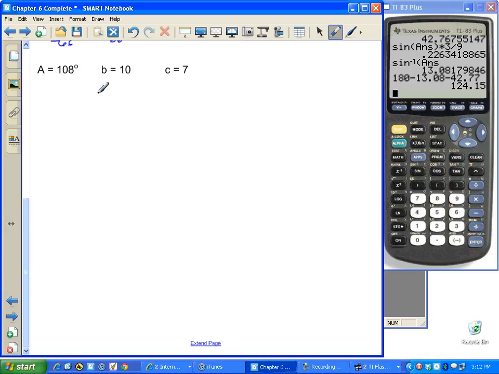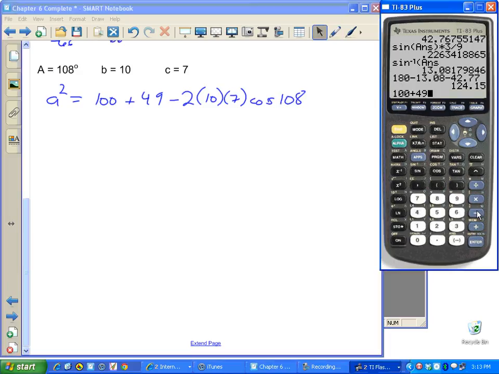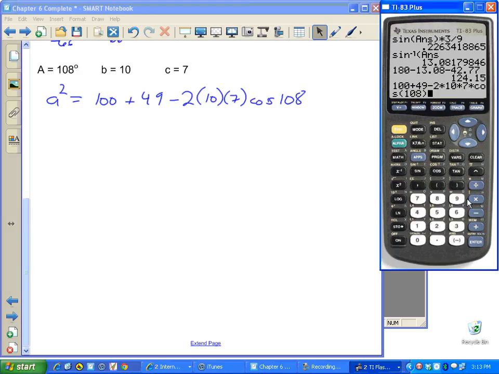This time I'm given an angle, so I'm not given that side. I'm going to be looking for A. A squared equals B squared plus C squared minus 2 times B times C times the cosine of A. What's nice is I've got everything, so I can type all this in my calculator in just one stroke: 100 plus 49 minus 2 times 10 times 7 times cosine of 108.